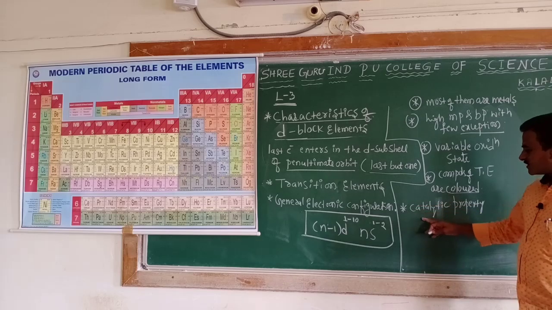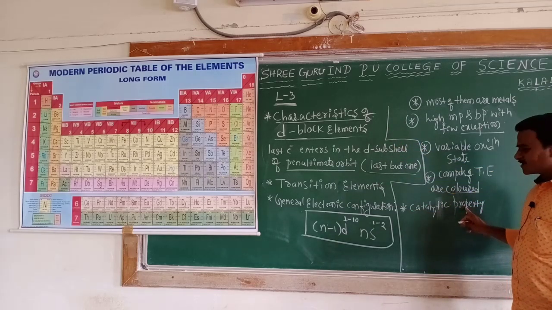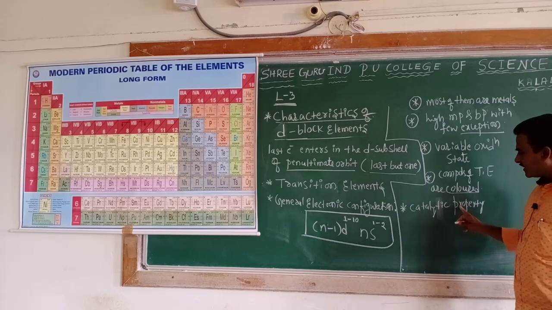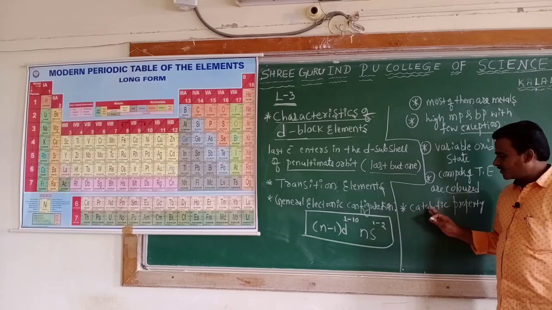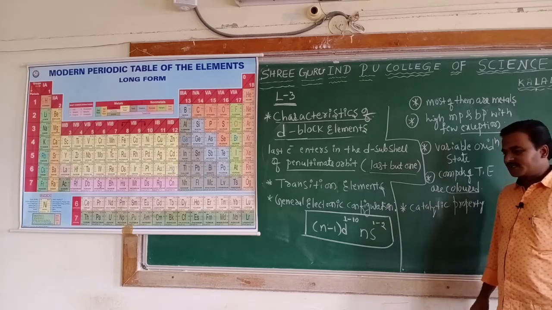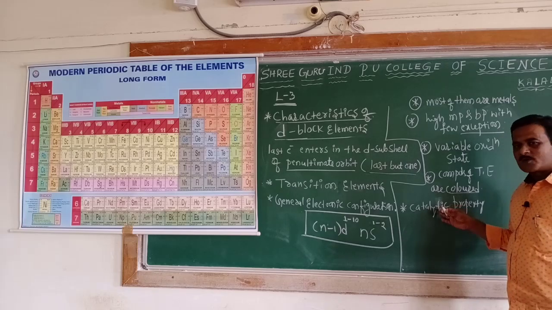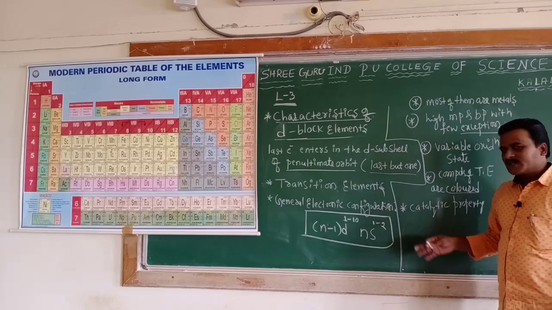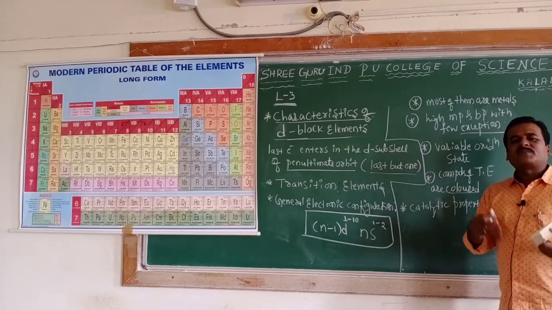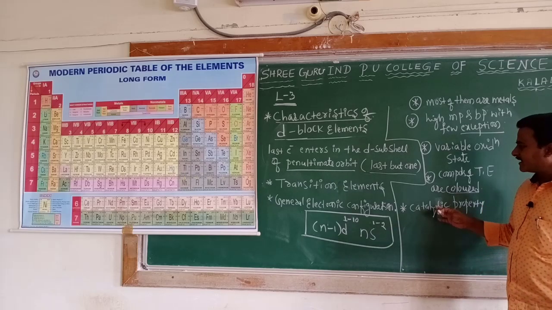They are used as catalysts in industries because of their catalytic property. Why do they show catalytic property? Because when finely powdered, they provide a larger surface area by which the rate of reaction increases, hence they show the catalytic character.